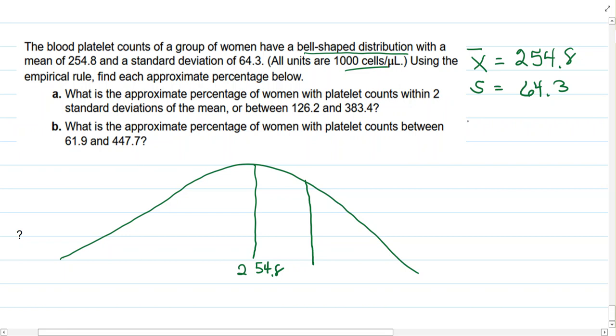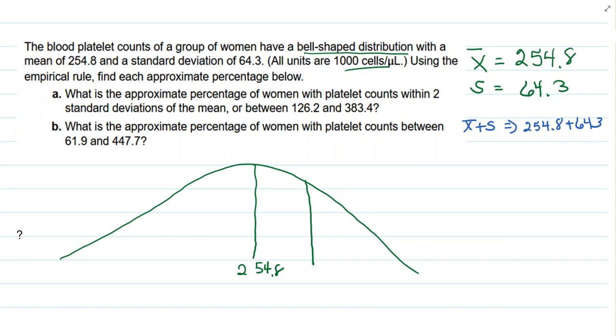Okay, so we know that X bar plus S is our next value. So that's going to be 254.8 plus 64.3.